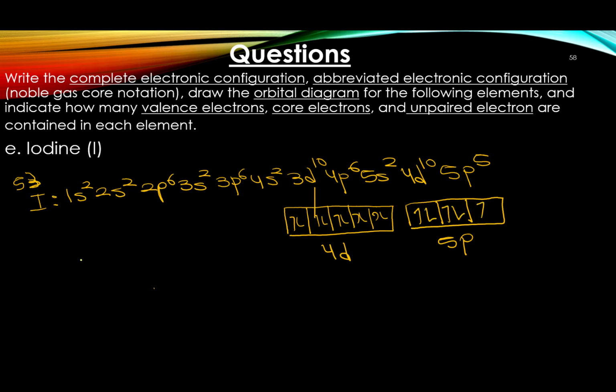Okay, now for the shorthand, you want to look at the noble gas that comes before iodine, and before iodine is krypton. Krypton is in row 4. That's why up to here is for krypton, and the rest will be for iodine.